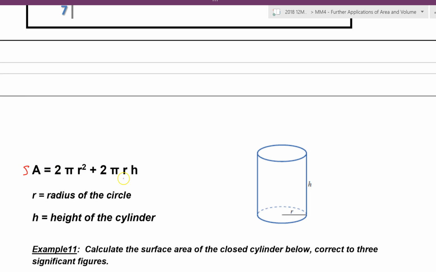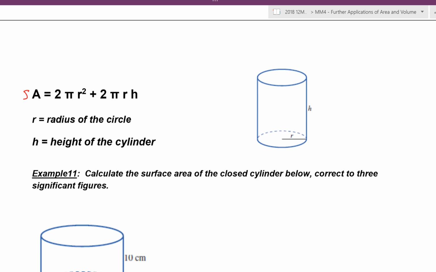And then I also need the area of the sides, which is the perimeter of the base. 2 pi r is the circumference, the perimeter of the base, times the height of my prism. So this is just what we've been doing, except expressed as a formula, and that helps us, 1, get to the answer faster, and 2, kind of iron out some of those rounding errors that can creep in. So this is for a closed cylinder. If it was an open cylinder, then I wouldn't need the bases here. I would just have 2 pi rh.